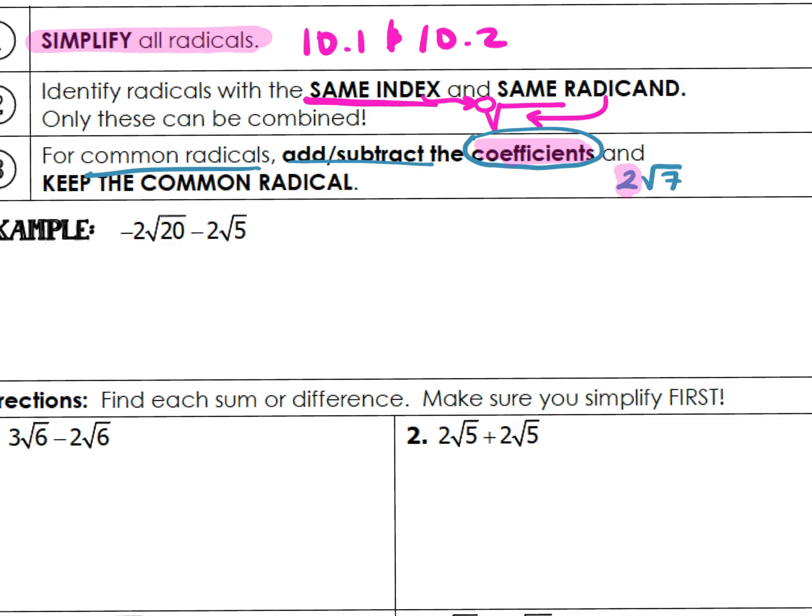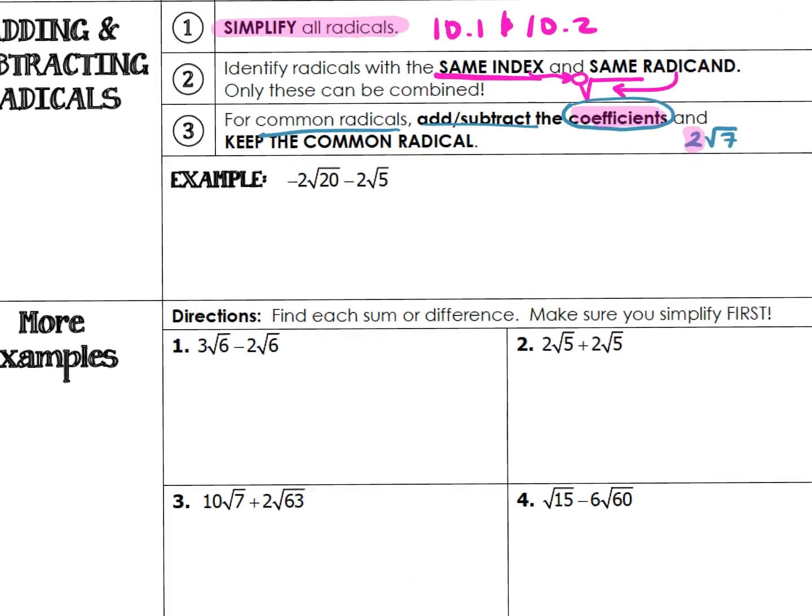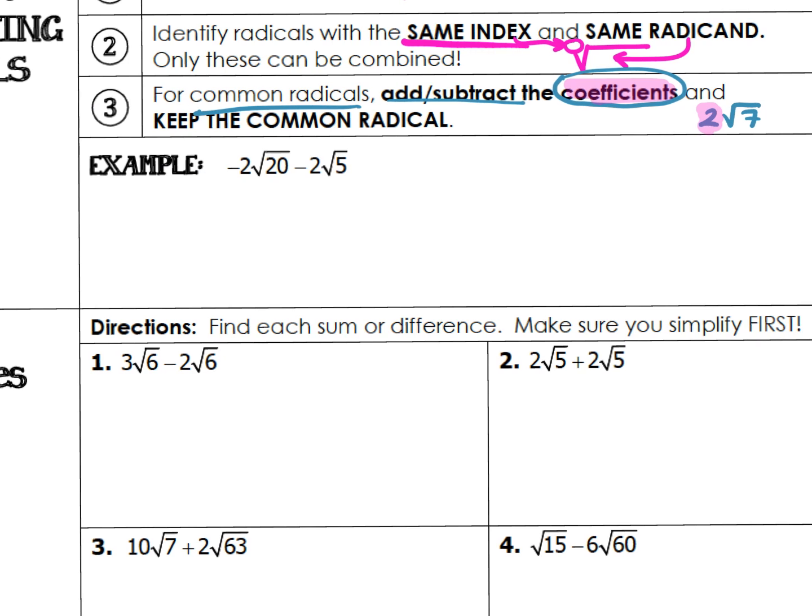So let's take a look and see how this goes. Your first step is simplify the radicals. So you have rad 20 and you have rad 5. Can you break rad 20 down into a simpler setup? Yeah, you totally can. So if we break this down, you have that negative 2 out in front.